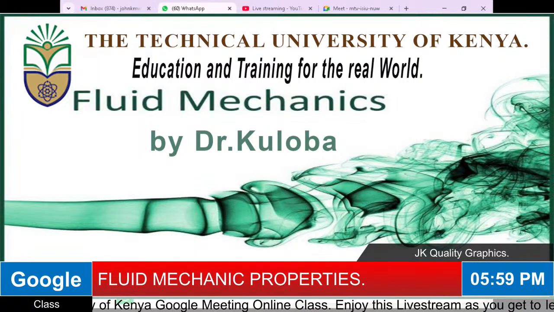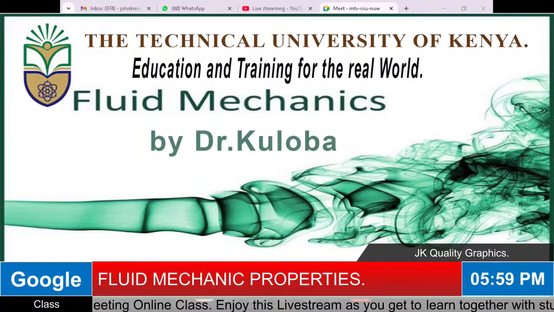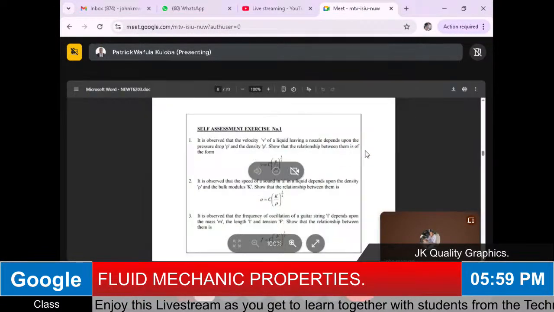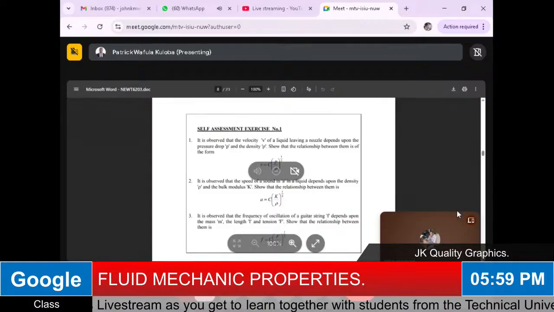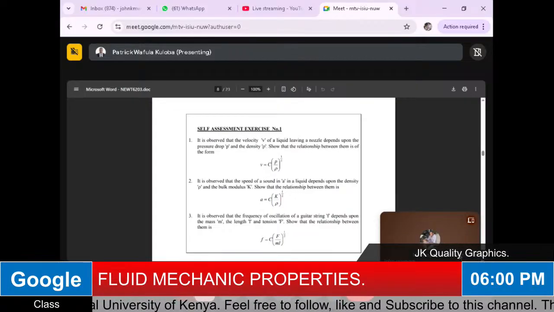So let's update that: V is equal to P raised to that. Let's go to the next one. It is observed that the speed of sound A in a liquid depends on the density, rho, and the bulk modulus K. So write the equation.